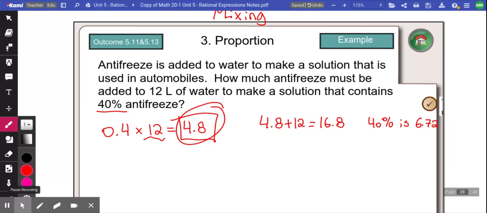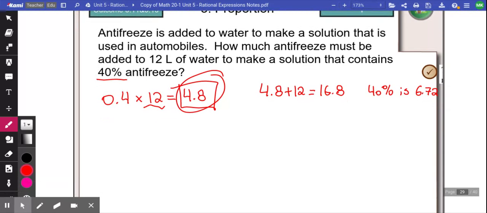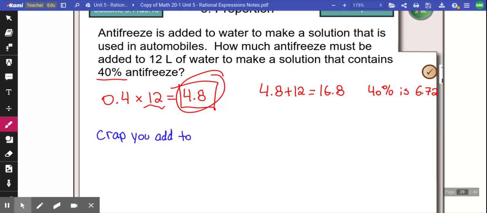Instead, anytime you have a mixing problem, you need to make a formula. That formula is a very scientific formula that I created myself. Okay, it goes like this: the crap you add to the mix divided by the total crap you get should equal your percentage.